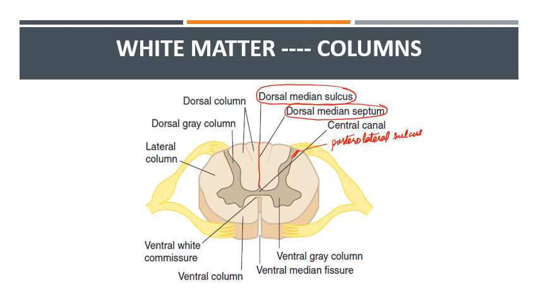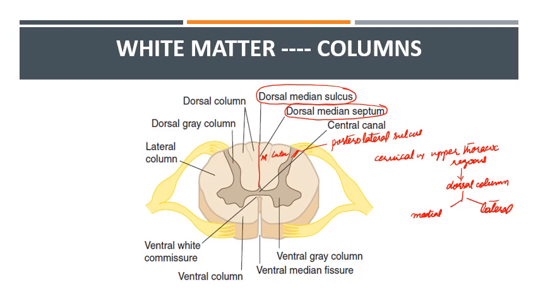In the cervical and upper thoracic regions, the dorsal column is divided into a medial portion and a lateral portion.